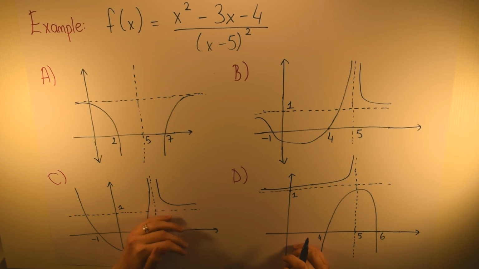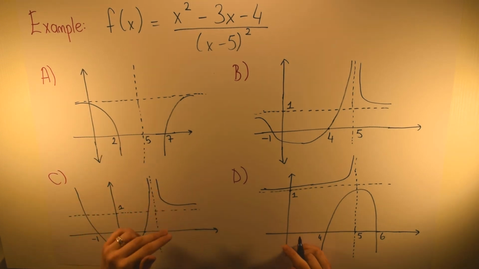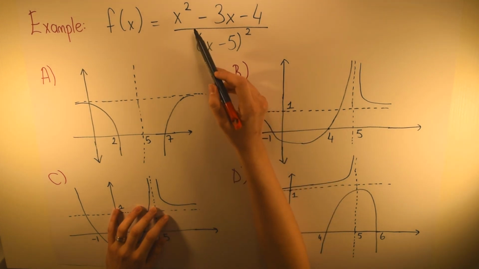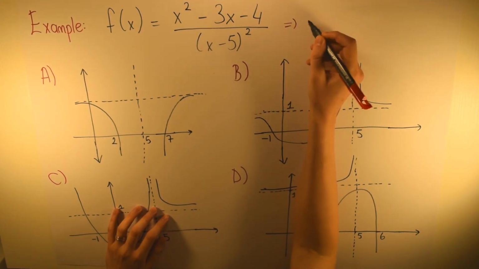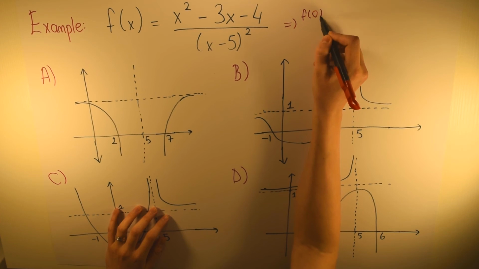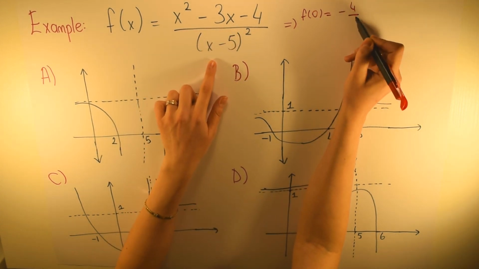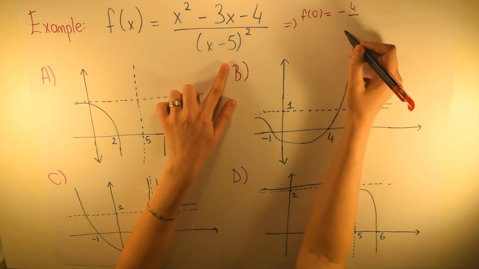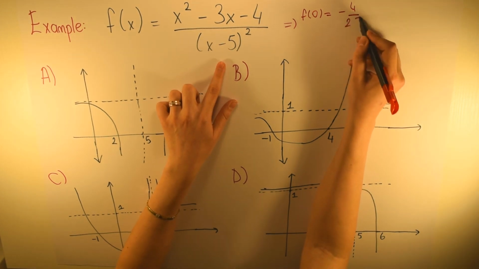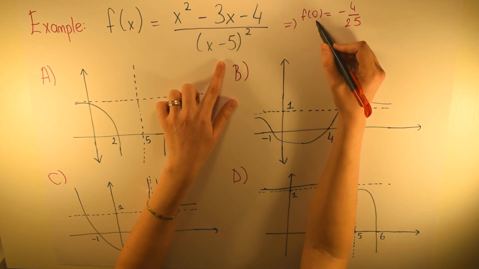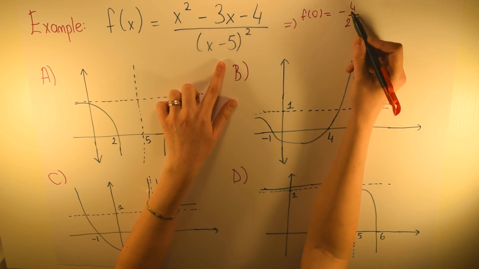Okay, let's continue. Let's say x is equal to 0. So when x is equal to 0, our function will be equal to 0 minus 0 minus 4 over 5 minus 5 squared, which is 25. So when I give x 0, I will get y as minus 4 over 25, right?